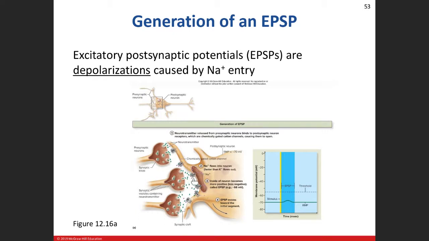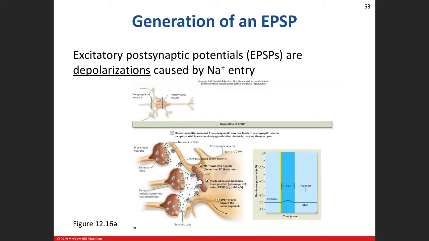So a cation, in this case sodium, because we know where we find more sodium: outside of the cell. Once we open that channel, sodium moves into the cell. At the same time, it will also cause potassium to diffuse out of the cell.